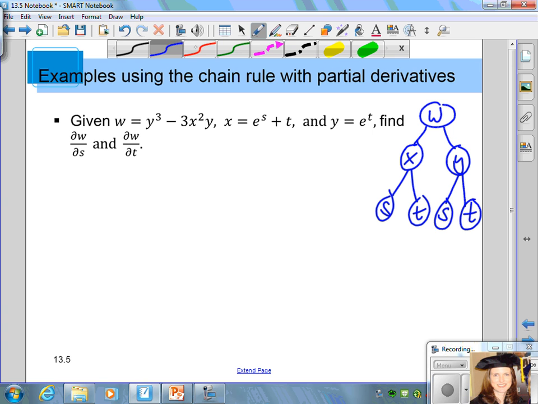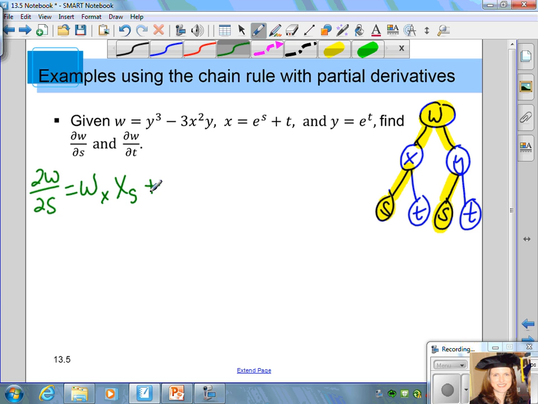So our partial derivative of w with respect to s is equal to, going along the branches starting at the w and ending at the s, moving this way on the branches, multiplying those partial derivatives, we can say the formula is the partial of w with respect to x times the partial of x with respect to s.